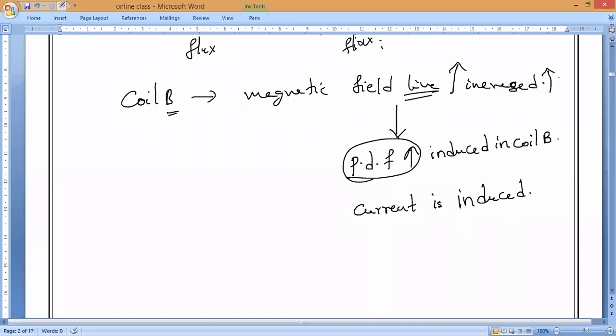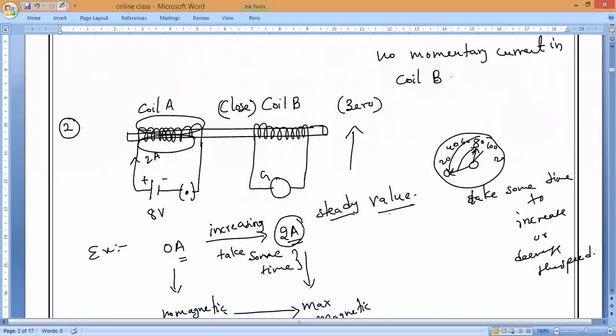So the magnetic field lines keep on increasing, the potential difference is induced in coil B due to this change in magnetic field lines, and the induced potential difference produces a current. That current is called the induced current. That is what you have to remember. That is the reason the galvanometer immediately shows a deflection to one side, because it is kept close to coil A.